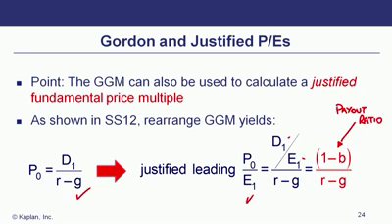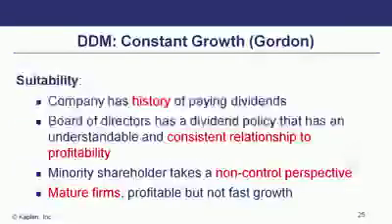D over E: how much of earnings are you paying out as a dividend? The payout ratio, 1 minus B. B itself is the retention rate. So the payout ratio is 1 minus the retention rate. Much more on that in study session 12.